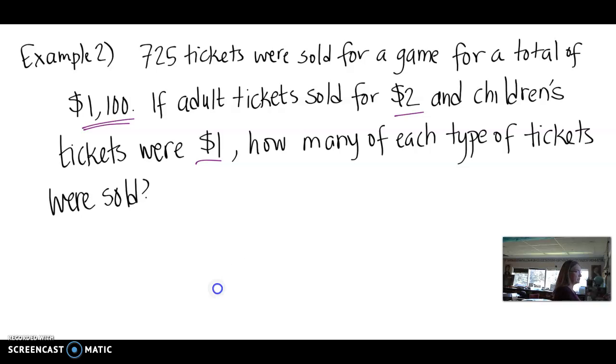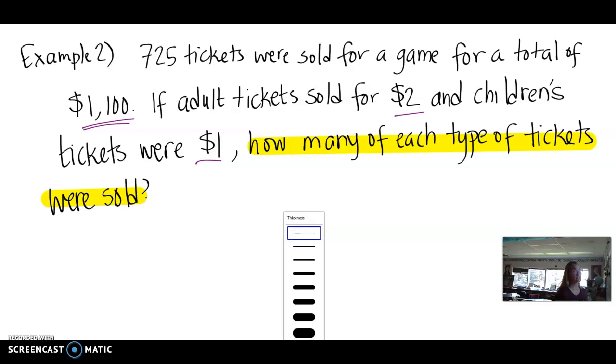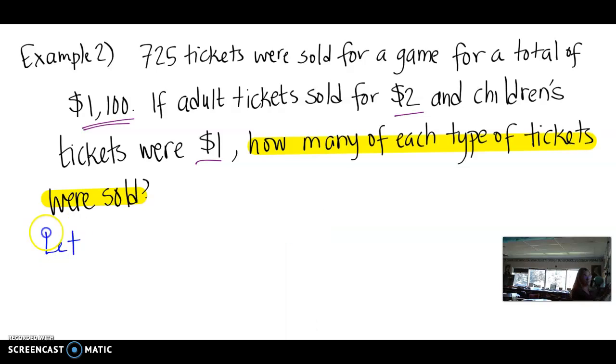Well, we're trying to figure out, the question oftentimes comes at the end, how many of each type of tickets were sold? So we have 2 types of tickets. We have adult tickets and we have children's tickets. So I'm going to use variables to represent that because I don't know what those things are.